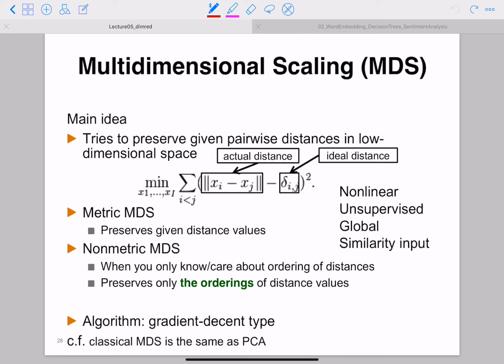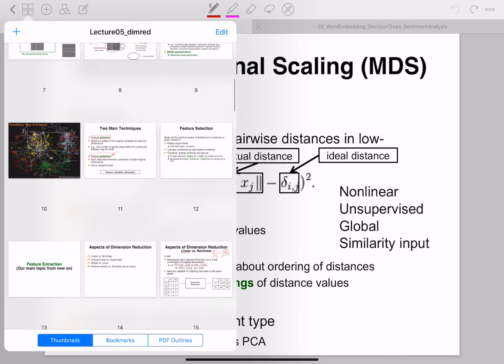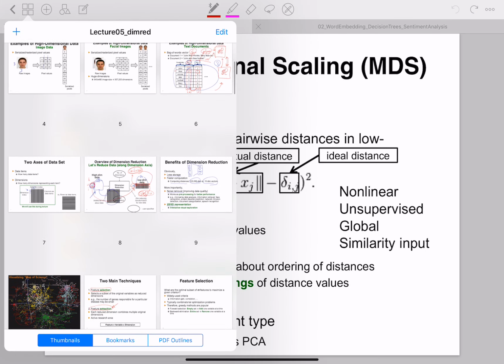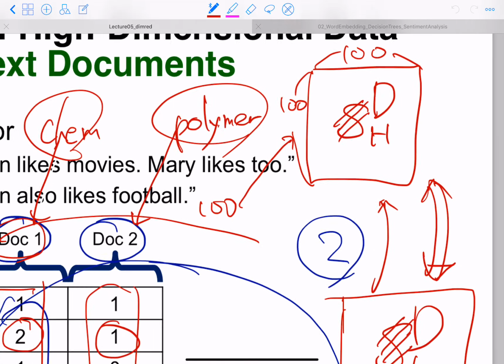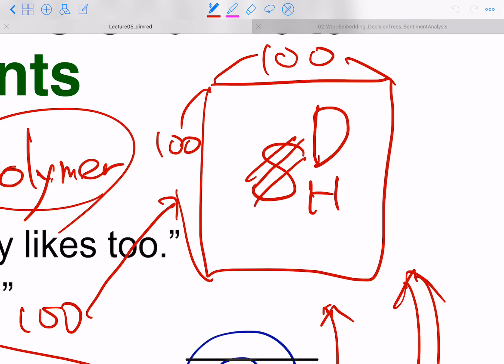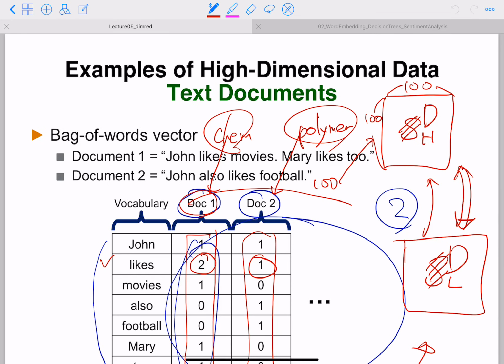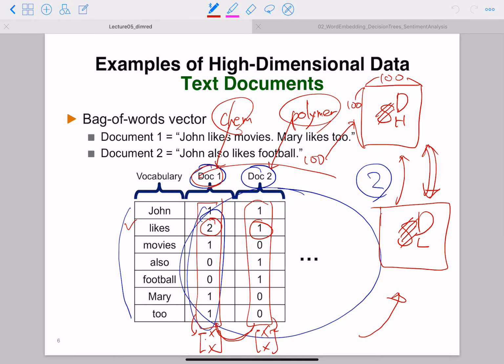This is almost similar to this kind of setting. Let's imagine we are given 100 data items, and let's suppose their dimensionality is 500. So we originally have 500-dimensional vectors and 100 different data items, and then we can compute their pairwise Euclidean distance, right?